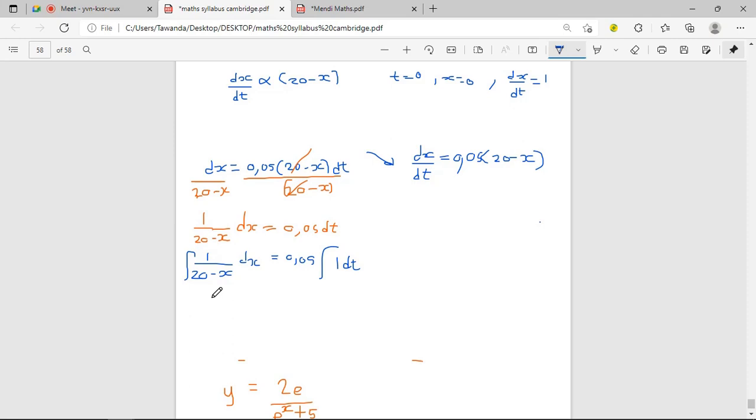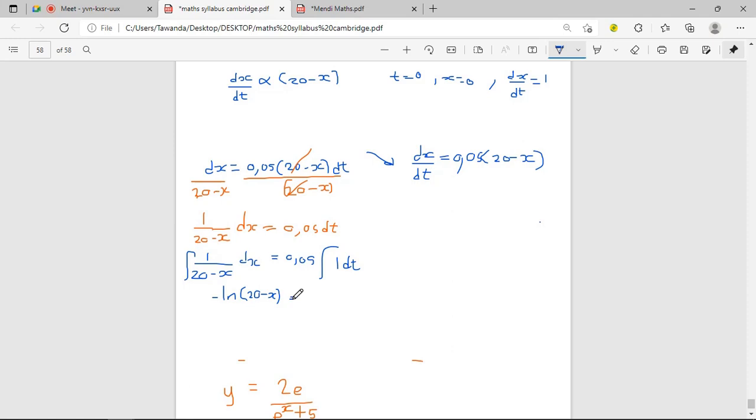I think it's minus ln of 20 minus x. Yes, it's negative ln of 20 minus x, right?